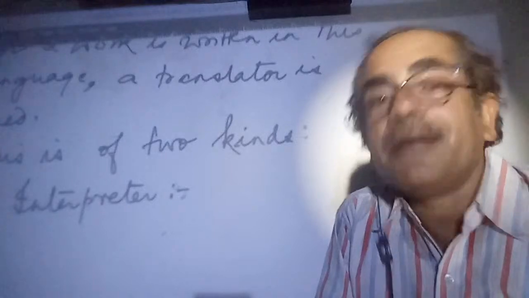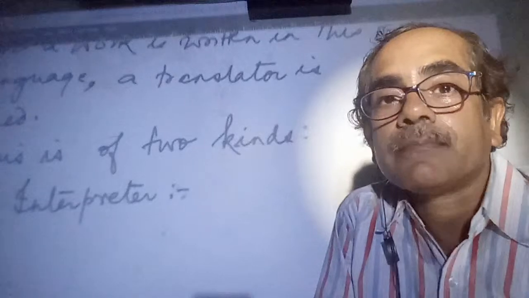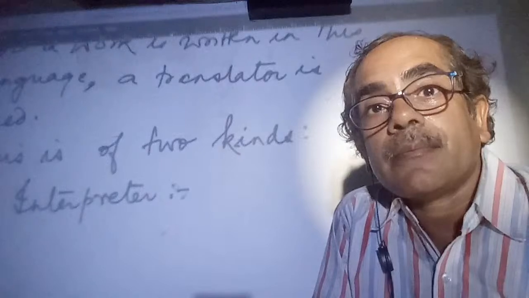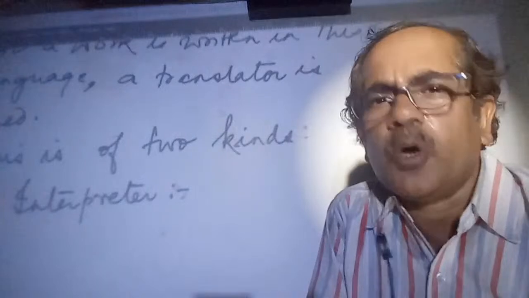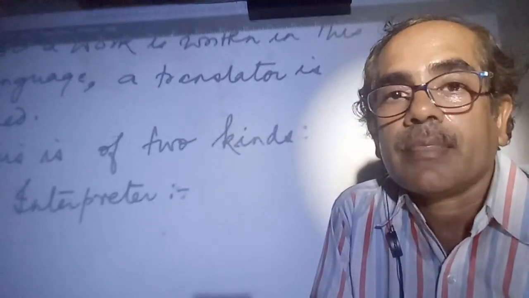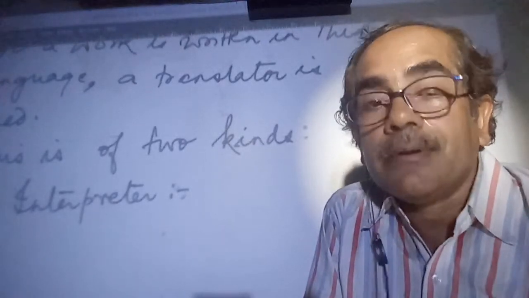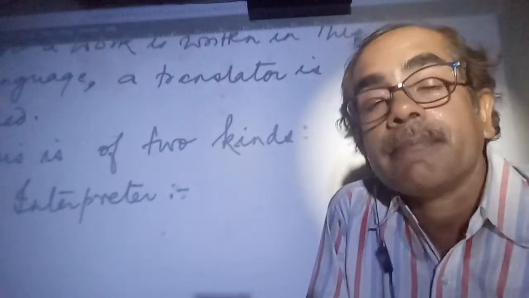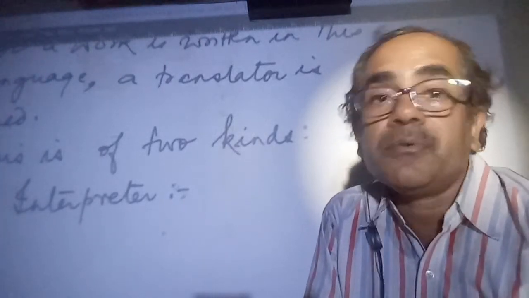This example I always recall to understand the working of an interpreter. Suppose you get a work, a problem to solve, and you do not know how to solve that problem. You go home, and give that problem to some elder brother or father or mother, saying I have got this problem to solve, how can it be done?